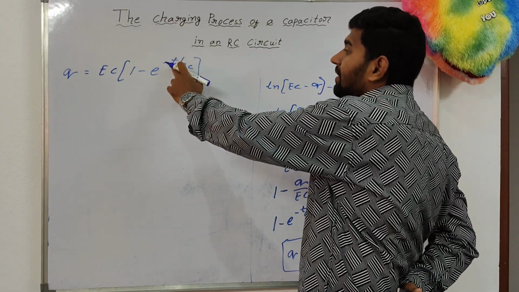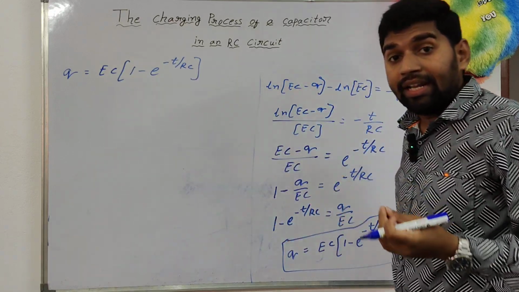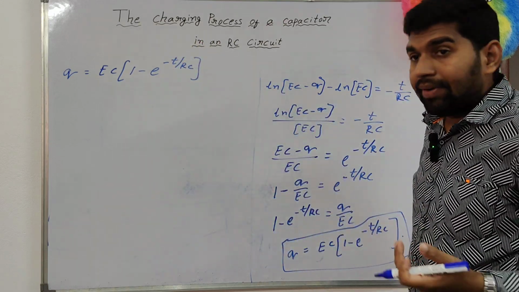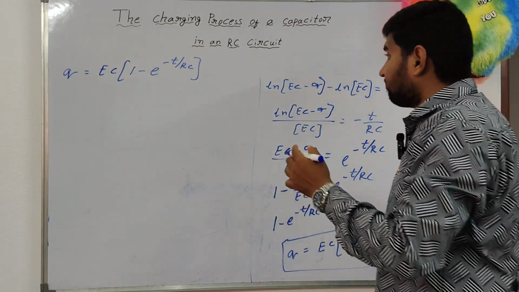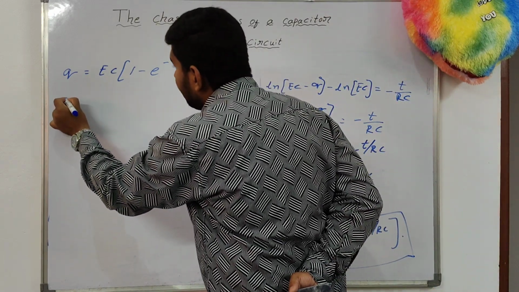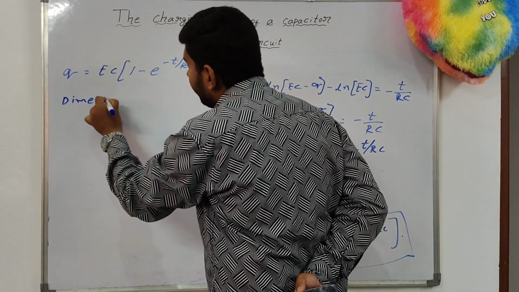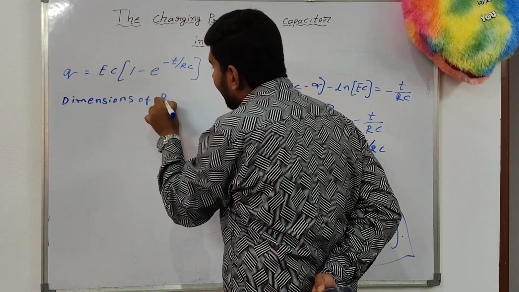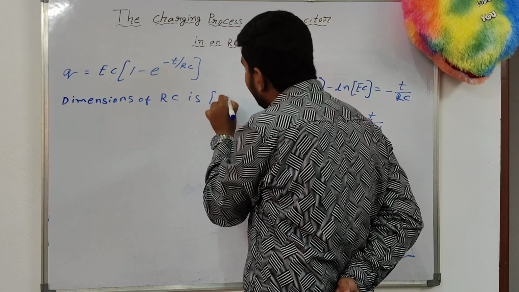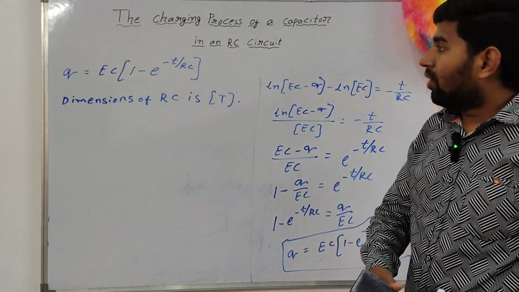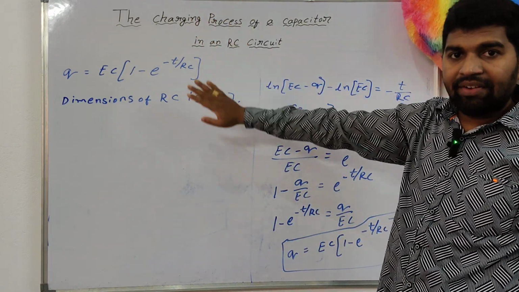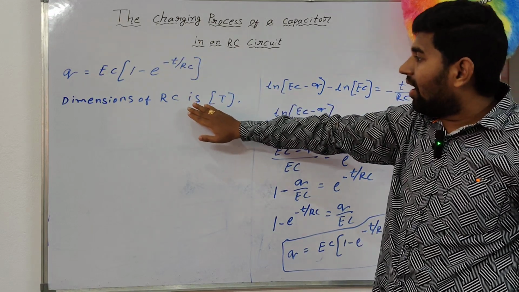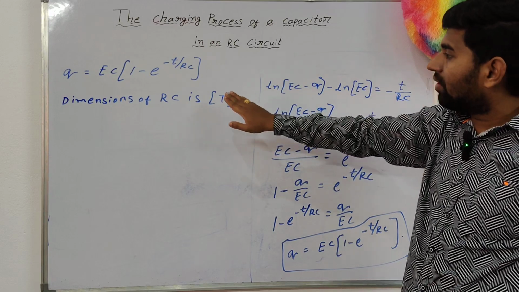If the dimensions of t and RC are equal, both are cancelled to each other, and it will become dimensionless. Nothing but here the dimensions of RC is T only, because e power x, the x is not having any dimensions. If it is a dimensionless quantity, the RC dimensions also must be equal to T.